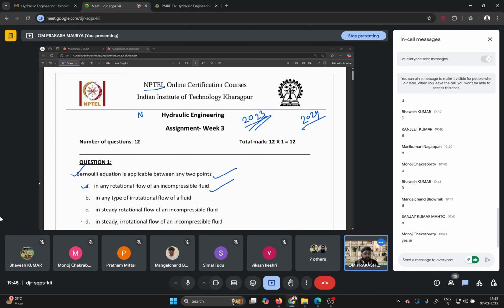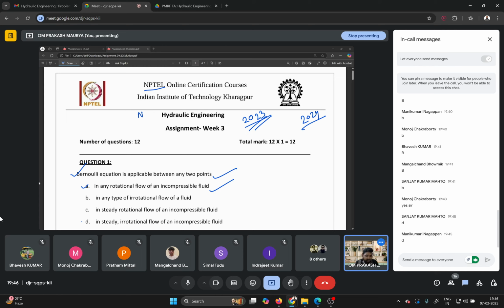By the way, you need to write the answer for this question number one. Bernoulli equation is applicable between any 2 points in which case? This question is from the Bernoulli equation assumptions. Okay, option D, in steady irrotational flow of an incompressible fluid.